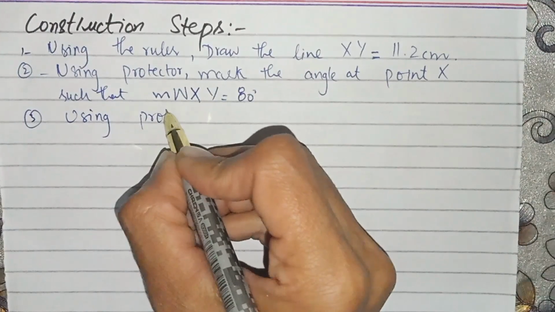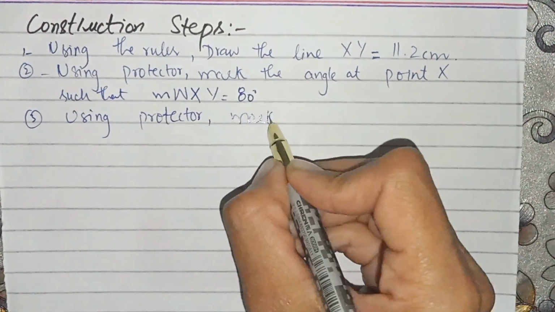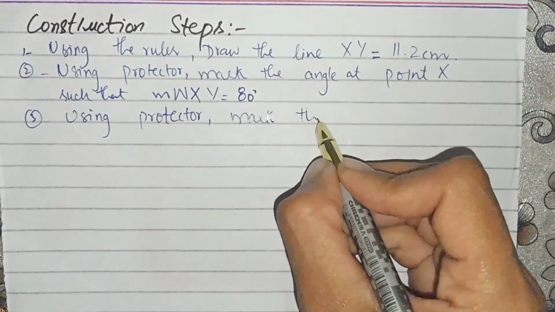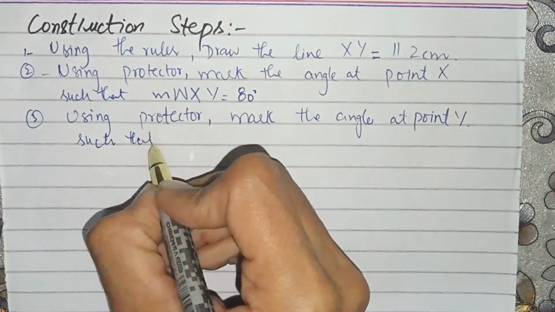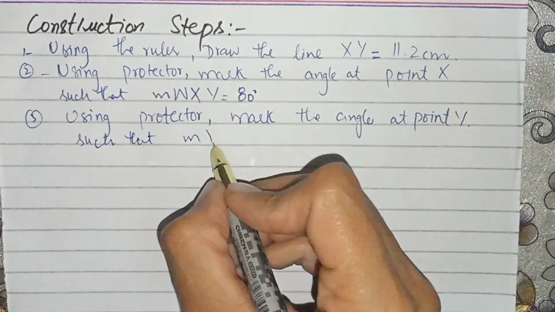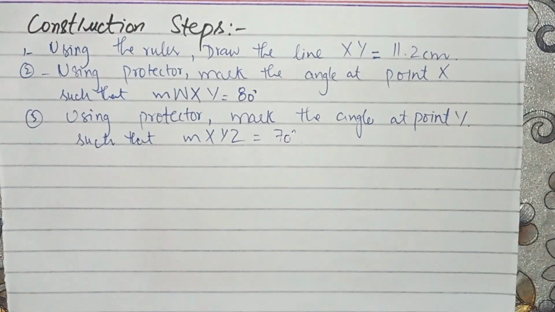Using protractor, mark the angle at point Y such that measure XYZ is 70 degree.